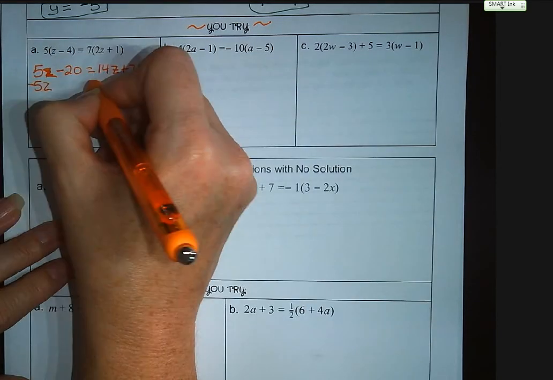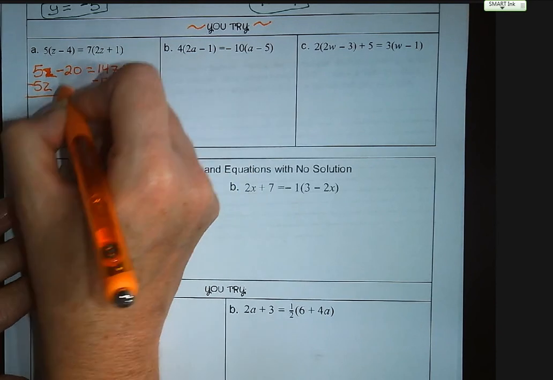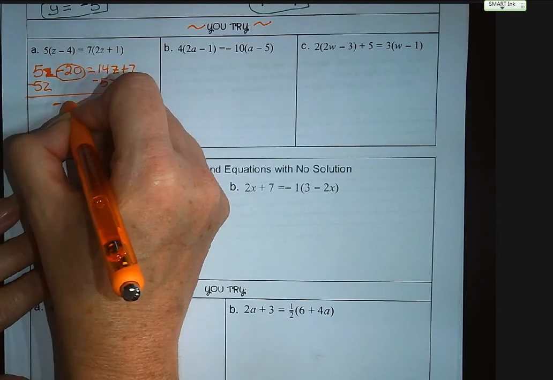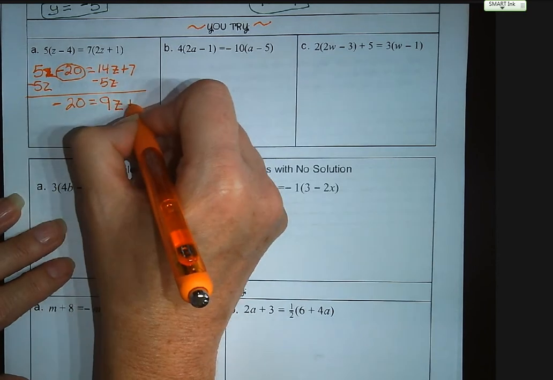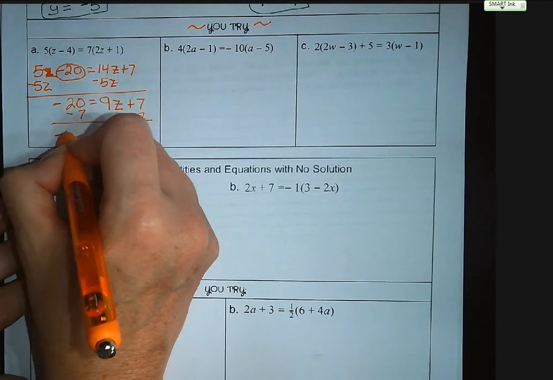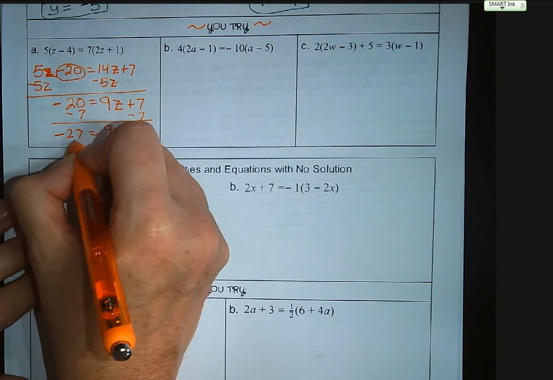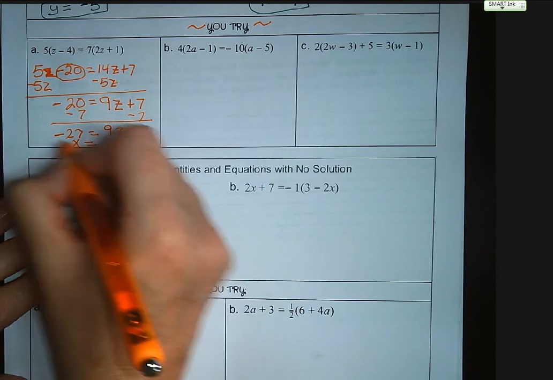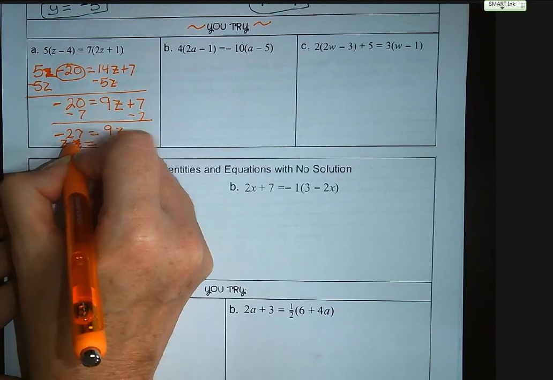Subtract 5z from both sides of the equation, and negative 20 is going to be equal to 9z plus 7. Subtract 7 from both sides. Negative 27 is equal to 9z. Divide both sides by 9. Z is equal to negative 3.